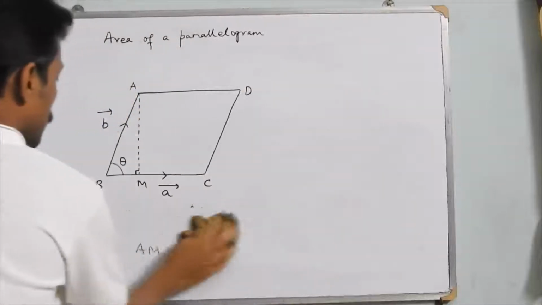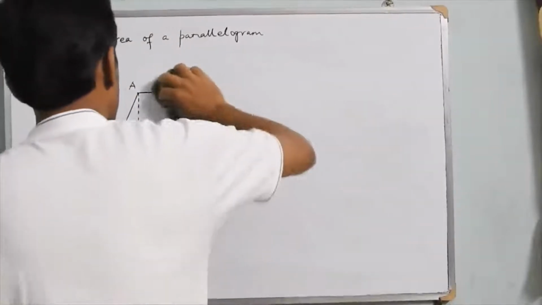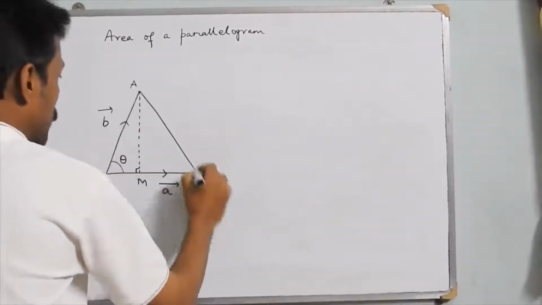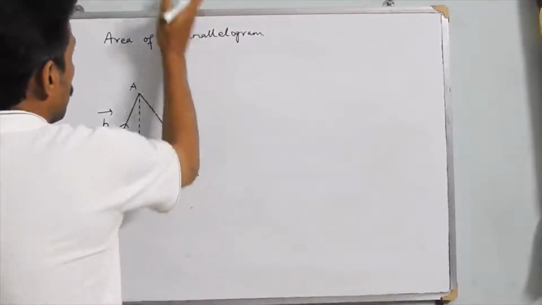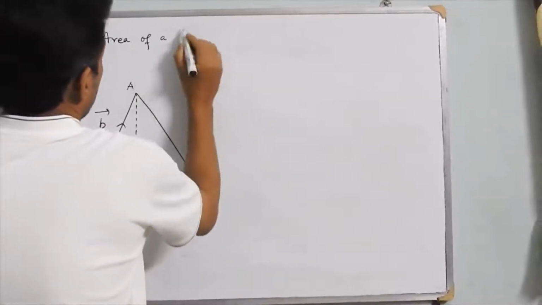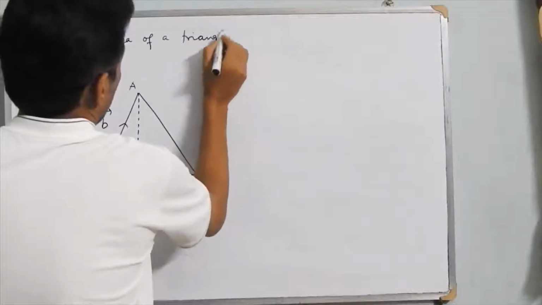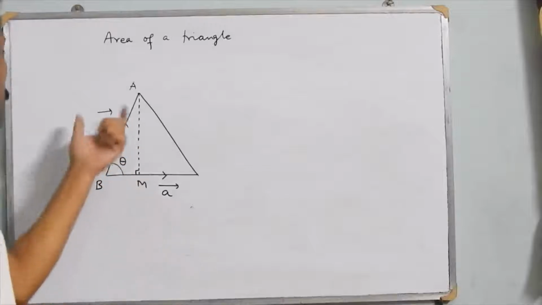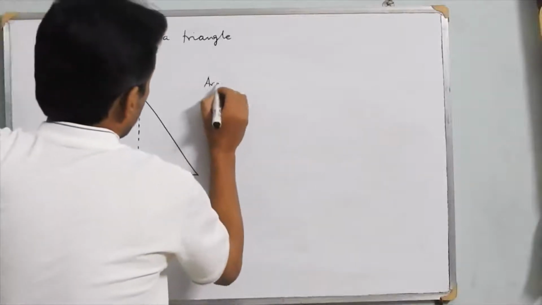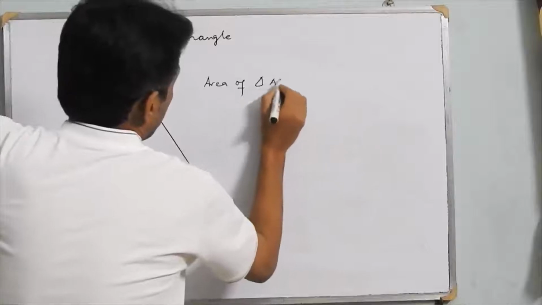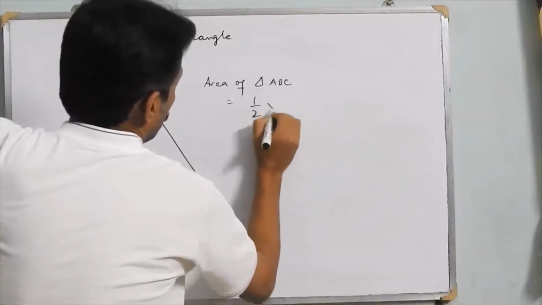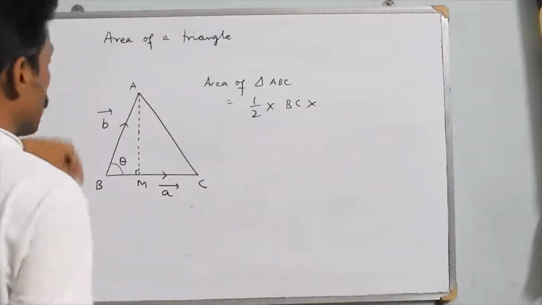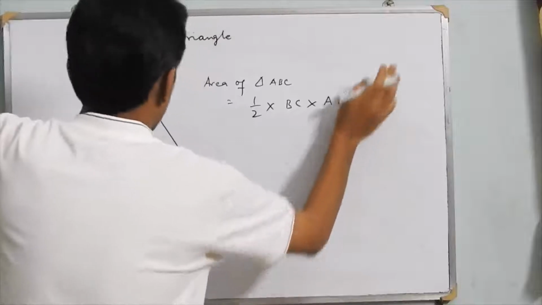So suppose we now have the triangle ABC. So this is area of triangle whose adjacent sides are represented by A vector and B vector. We know that area of the triangle is equal to half into base into height. Base is BC, height is AM.